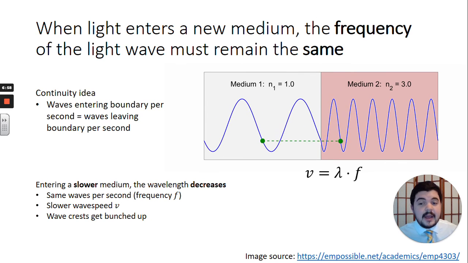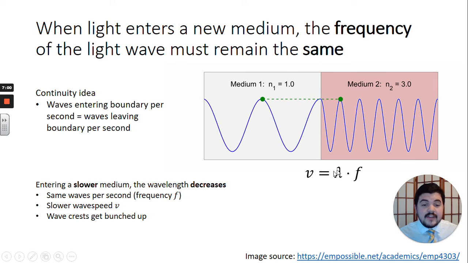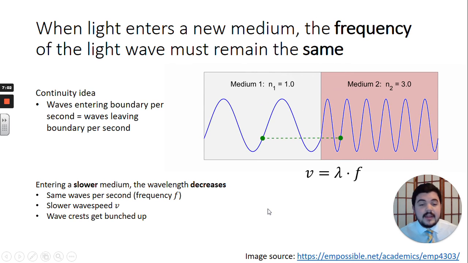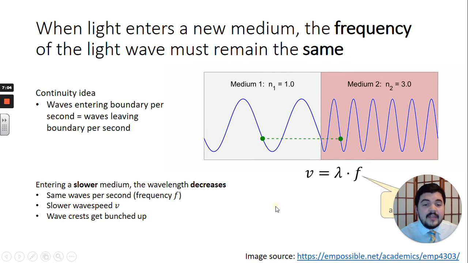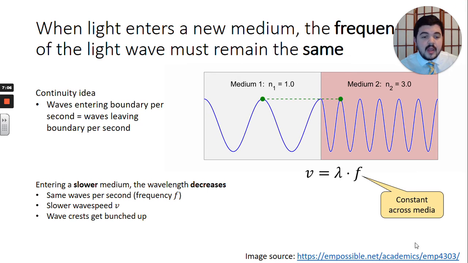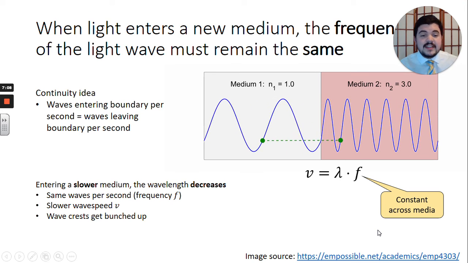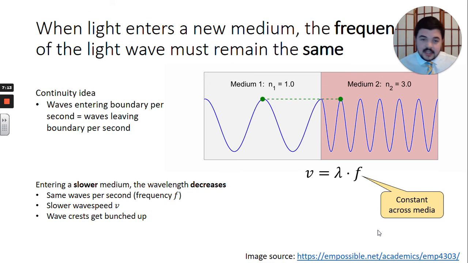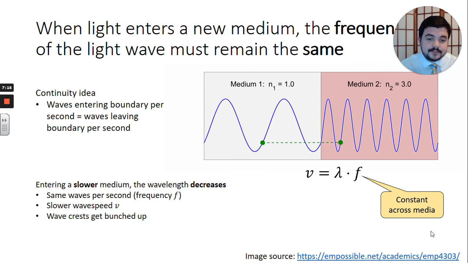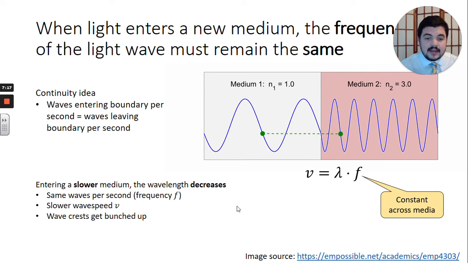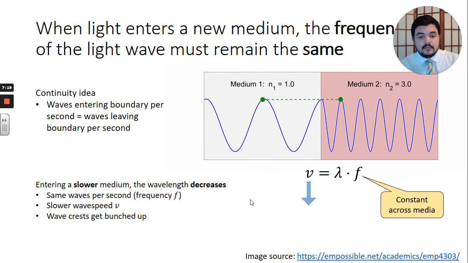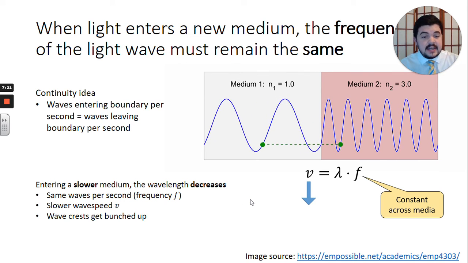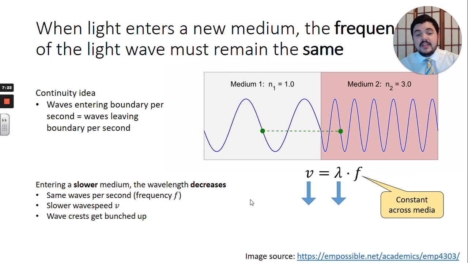We can also think about this through the lens of our wave speed equation. Speed is wavelength times frequency. In this case, the frequency is what is constant across our media. Incoming waves per second equal outgoing waves per second. And as a consequence, if we decrease the speed, we must also decrease the wavelength.